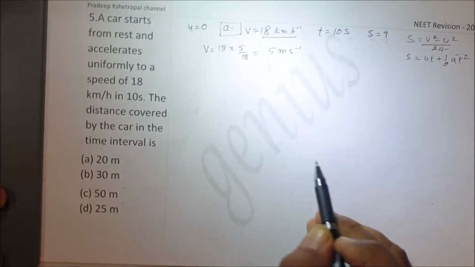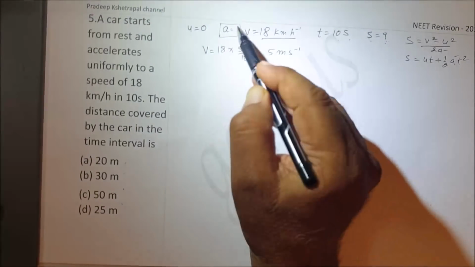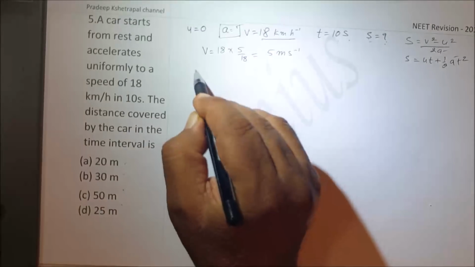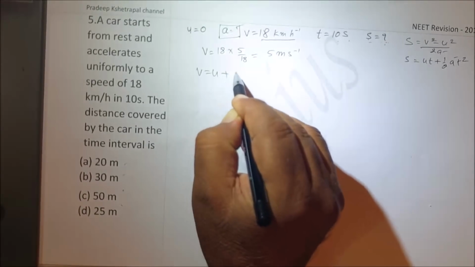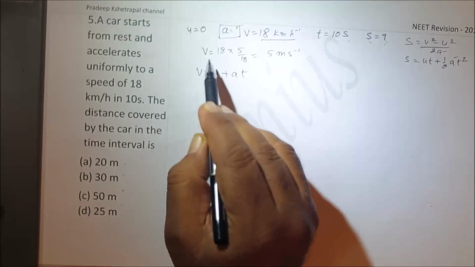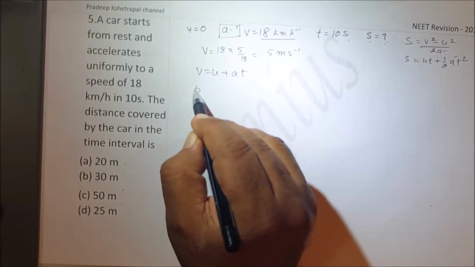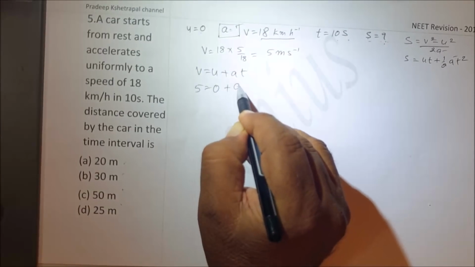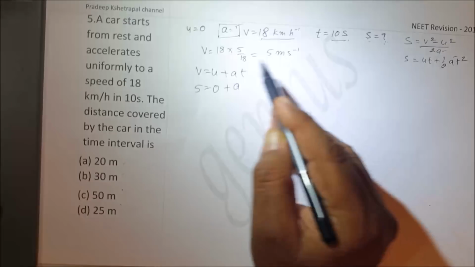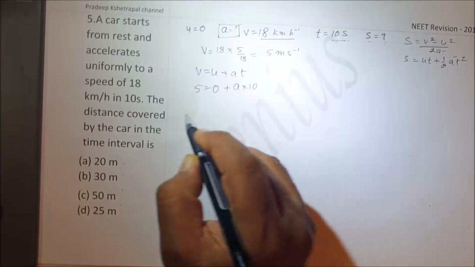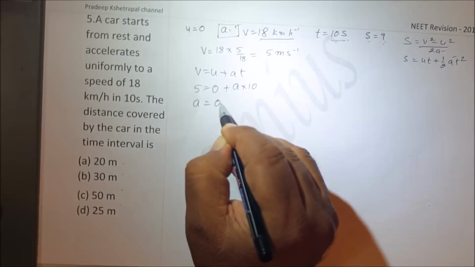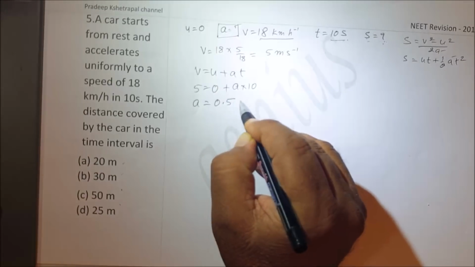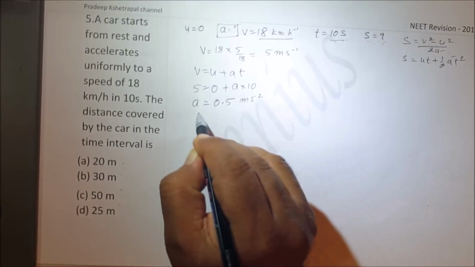This is velocity V. Okay, now we have to find out A. So V is equal to U plus AT. V is equal to 5, U is equal to 0 plus A, and T is equal to 10. So A is equal to 0.5 meter per second square.